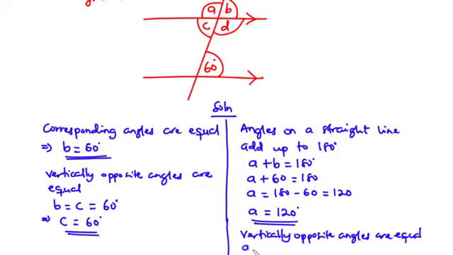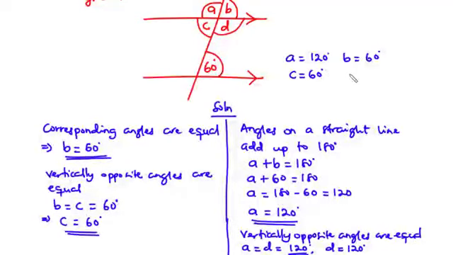Therefore, A is equal to D is equal to 120 degrees. So the value of D is 120 degrees. So in summary, we had A to be 120 degrees, B to be 60 degrees, C to be 60 degrees, and then D to be 120 degrees. Now let's move on to the next example.